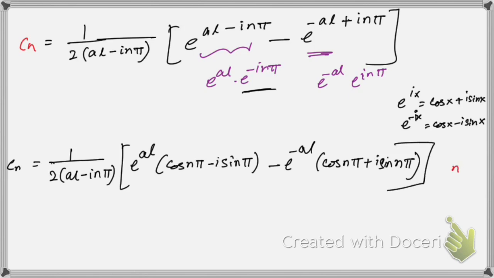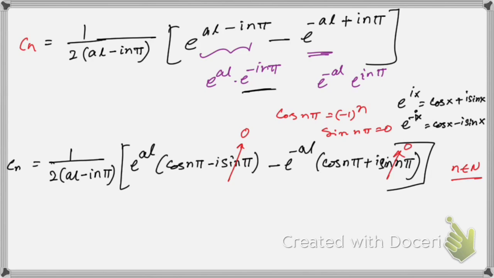Here small n belongs to capital N, that means natural numbers. So we know that sin n pi is 0 and cos n pi is minus 1 to the power n, right? Value of cos n pi is equal to minus 1 to the power n, and sin n pi is equal to 0.